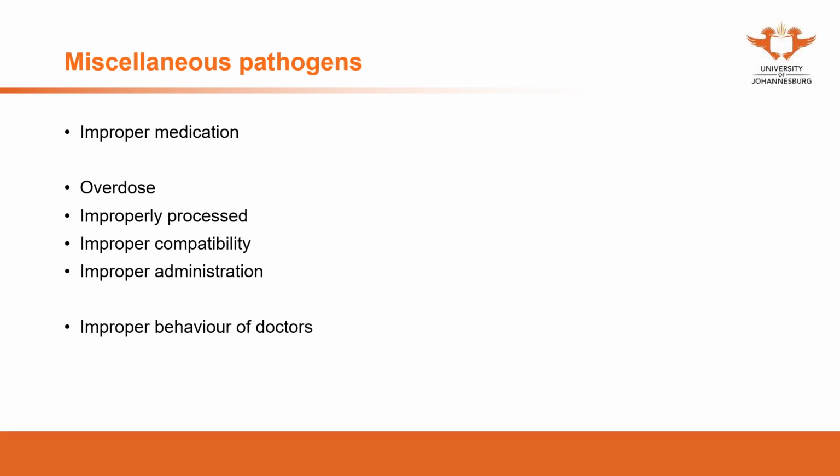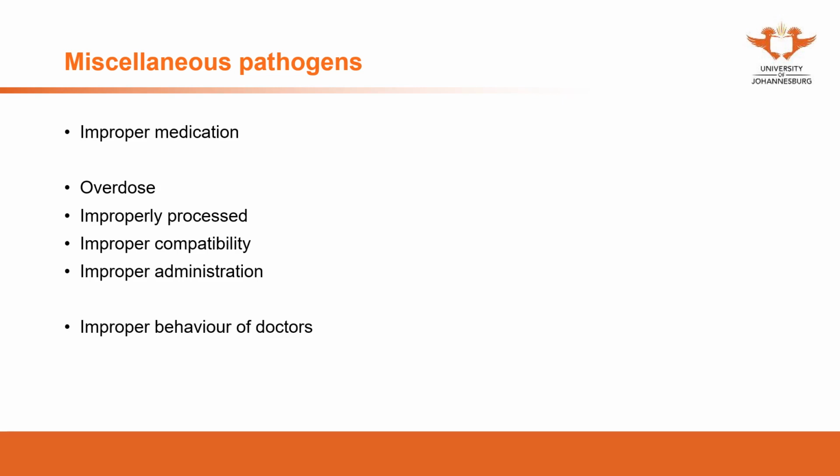Also, improper process. For herbal medicine, some herbal medicine we need to process in order to reduce the toxic. If they don't process well, it also will cause the toxic component to be higher than normal.